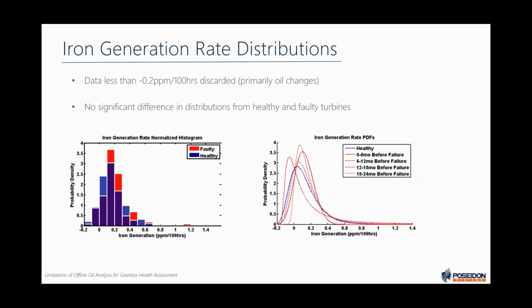We do not see that the mean iron generation rate for the data from 0 to 6 months before the turbine failed is that much different than that of a healthy wind turbine. It is slightly to the right, which would be expected. The mean of that peak is slightly to the right of the healthy, but it's still overlapping to the point where determining a threshold and being able to accurately predict whether or not a wind turbine would fail is nearly impossible.